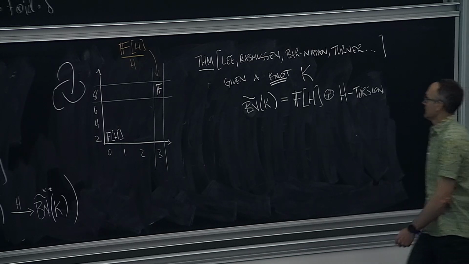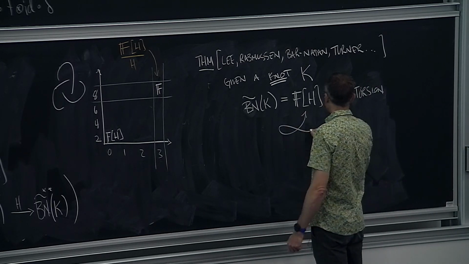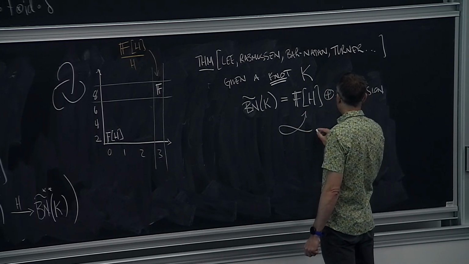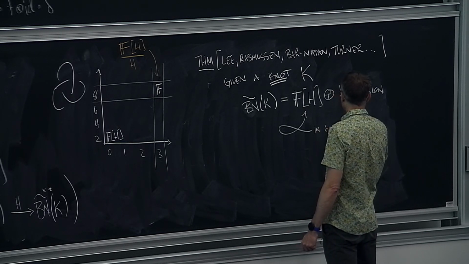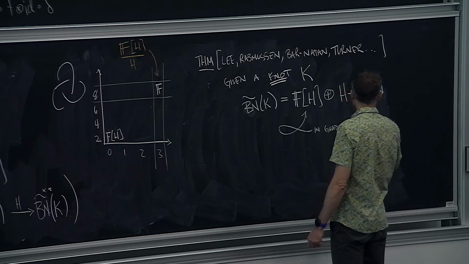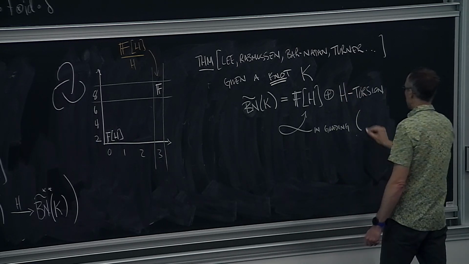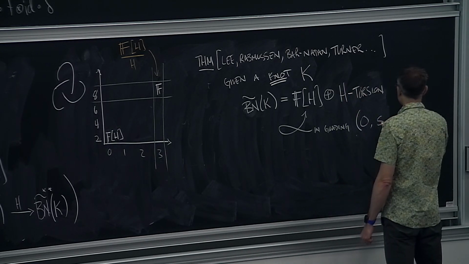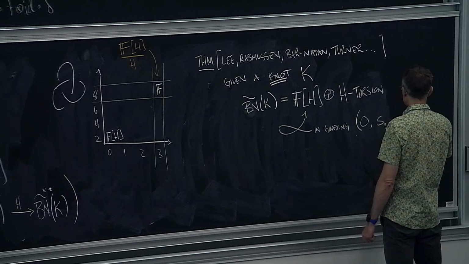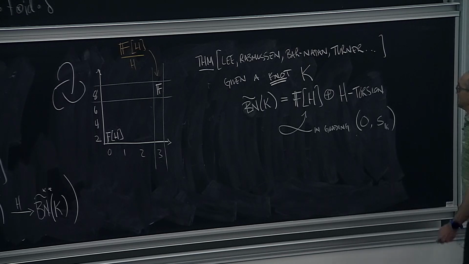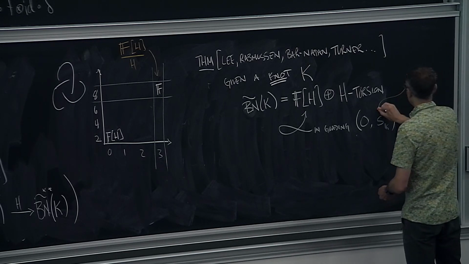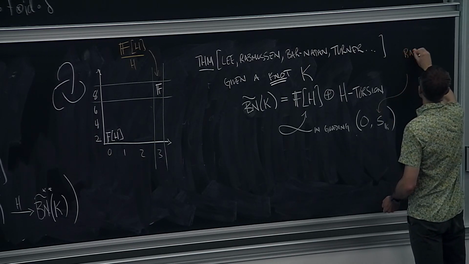Okay, and the best part is that the grading here, this is in grading. So the primary grading will always be 0, and the secondary grading will be S. And it has a dependence on the field. So this S, this is Rasmussen's S invariant.